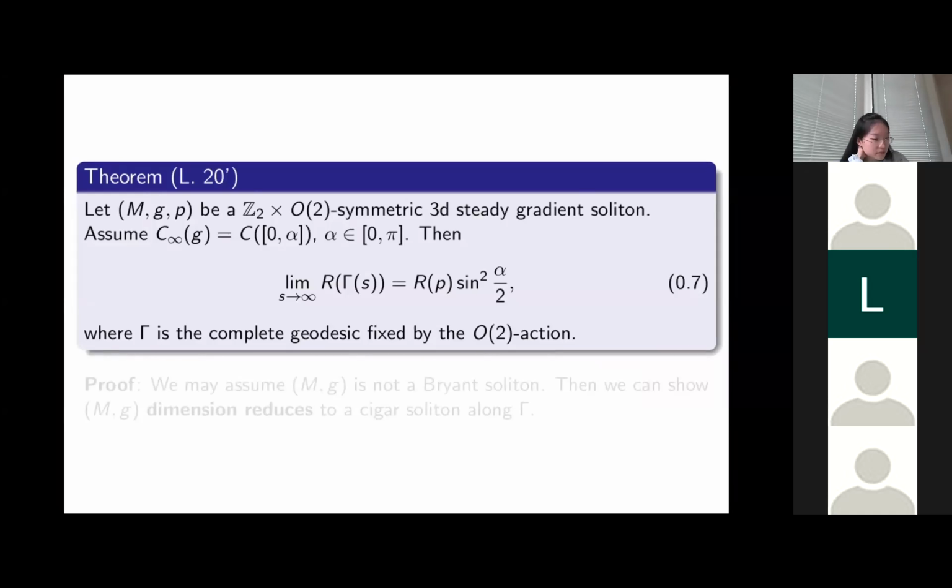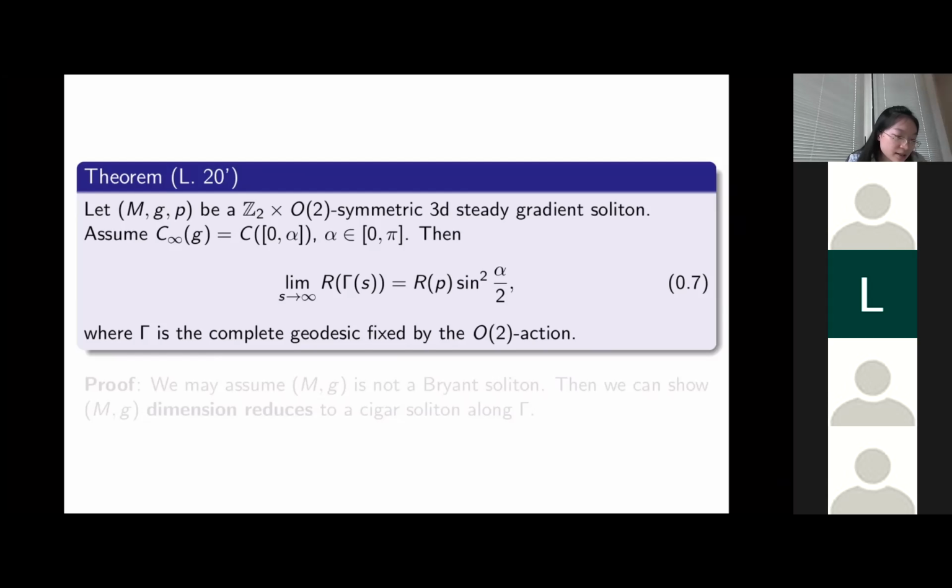Okay, so before we show that these 3D static gradient solitons we constructed are flying wings, we're going to first establish a quantitative relation between the limit of the scalar curvature at infinity and the asymptotic cone angle.